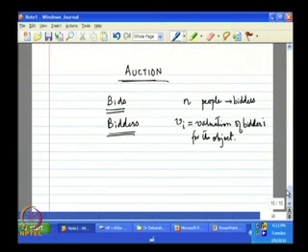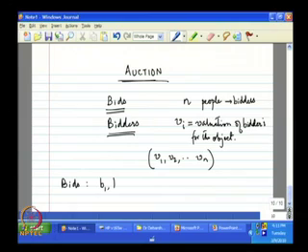Now, this is one set of variables that we shall remember, that is V1, V2, ..., Vn. There is another set of values that one needs to remember. These are the bids. So, bids are B1, B2, ..., Bn.